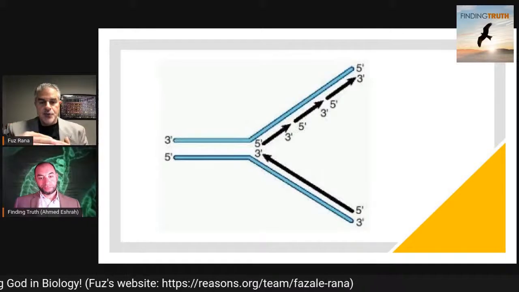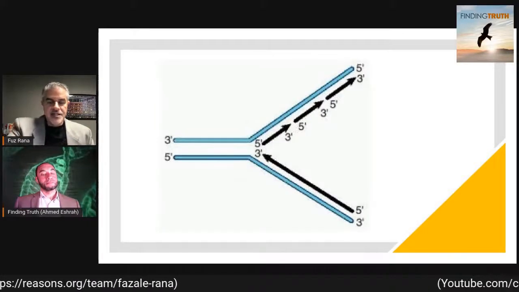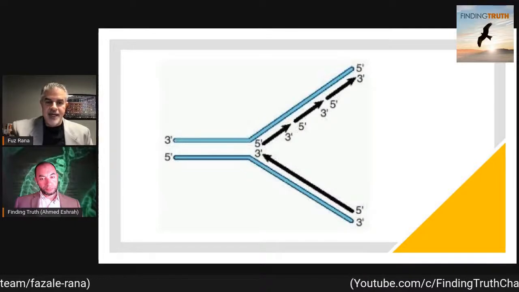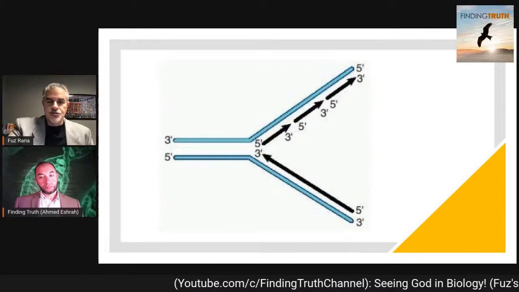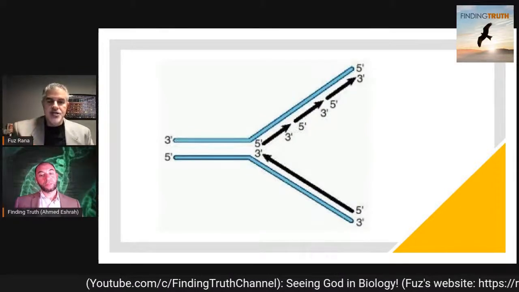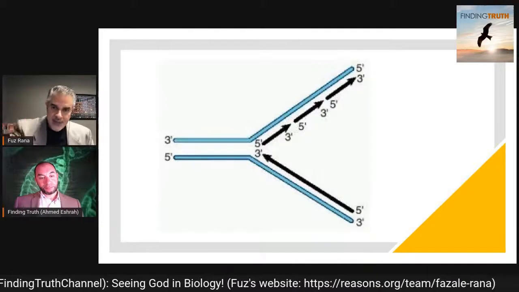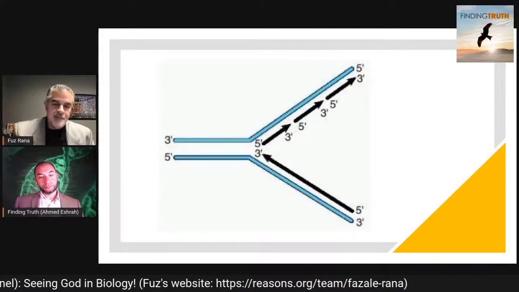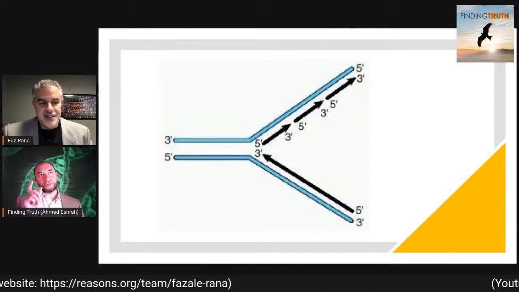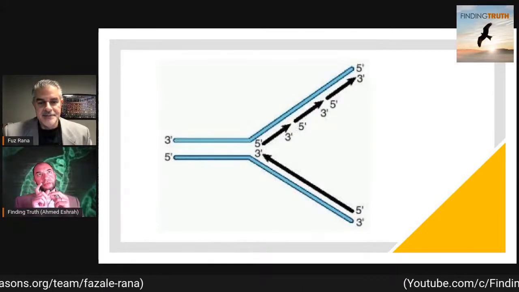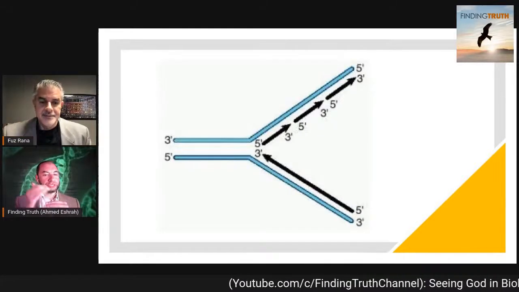Okay. So here's another cartoon that helps to see what's happening. As the replication fork is opening up, you're reading the template 3' to 5', and the synthesis is going 5' to 3'. On the other strand, because it's the wrong orientation, you're producing those fragments bit by bit. The size of each fragment is like the newly opened amount in the fork, and then when it finishes, it starts over again.